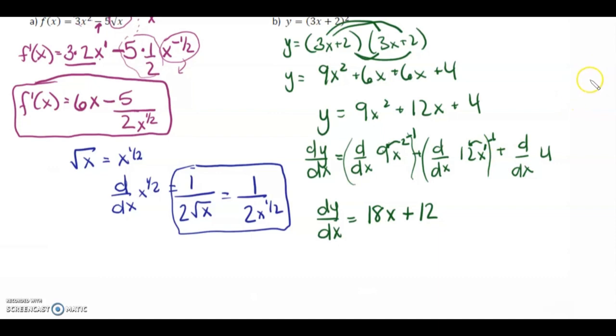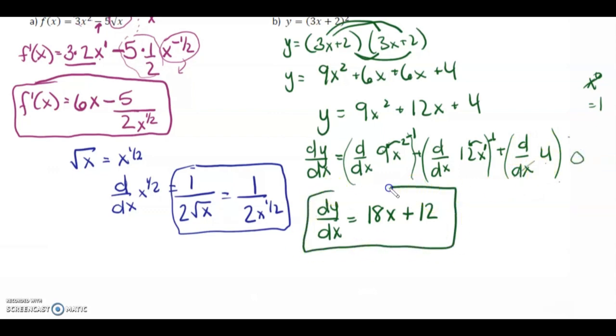Well, we know anything to the 0 is just 1, so the derivative of 12x is just 12. And the derivative of the constant 4 is just 0. So we're actually done. The derivative of this entire expression, 9x squared plus 12x plus 4, is 18x plus 12.